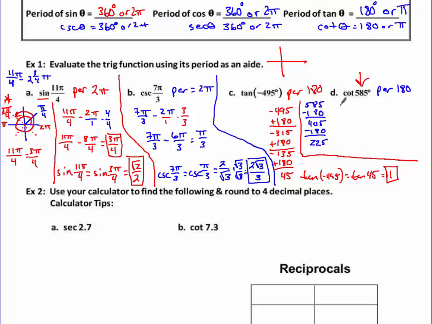So now we know our cotangent of 585 is equal to the cotangent of 225, which is a value from our unit circle. So cotangent, though, is the reciprocal of tangent, right? So tangent of 225 from our unit circle is 1. Well, cotangent is to flip that over, which is also 1.